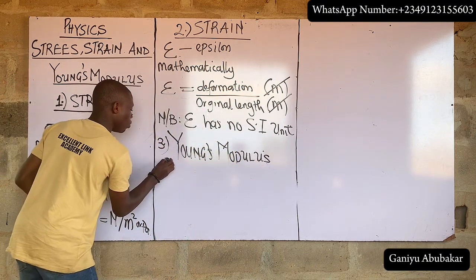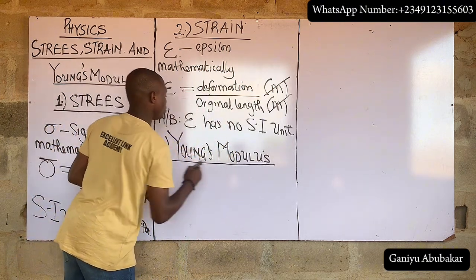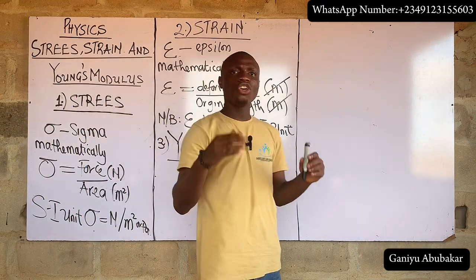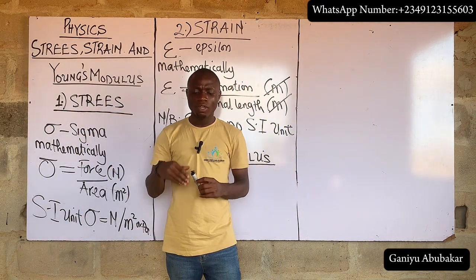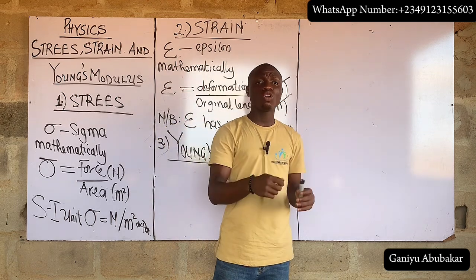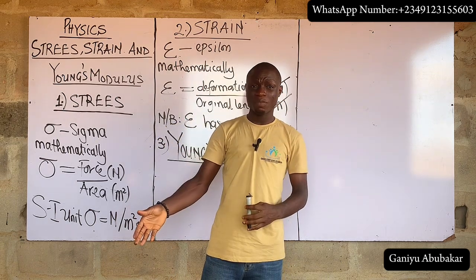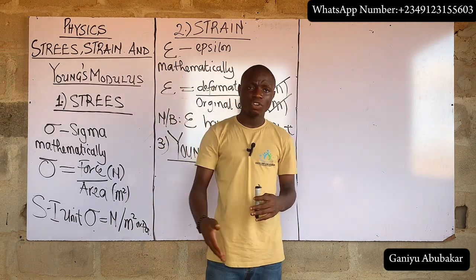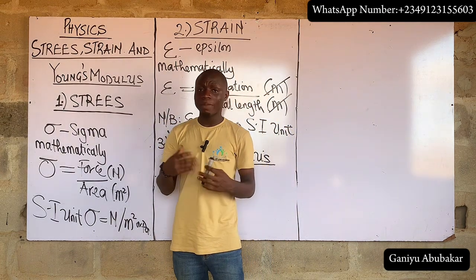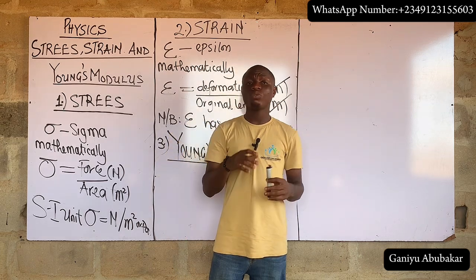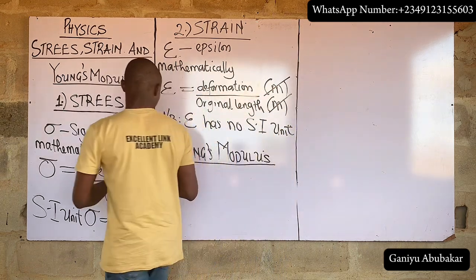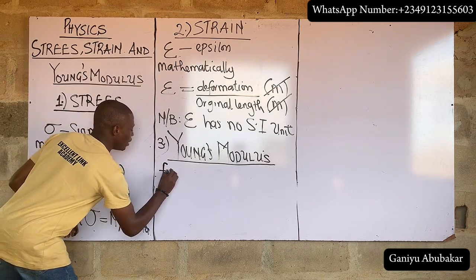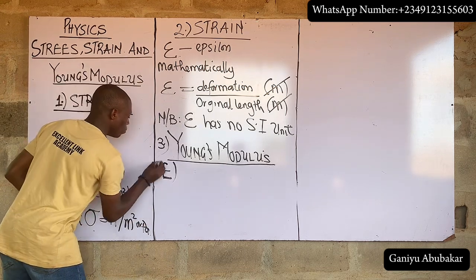By definition, Young's modulus is also called the modulus of elasticity. It's simply the ratio of stress to strain of a material. The symbol for representing Young's modulus is capital E.